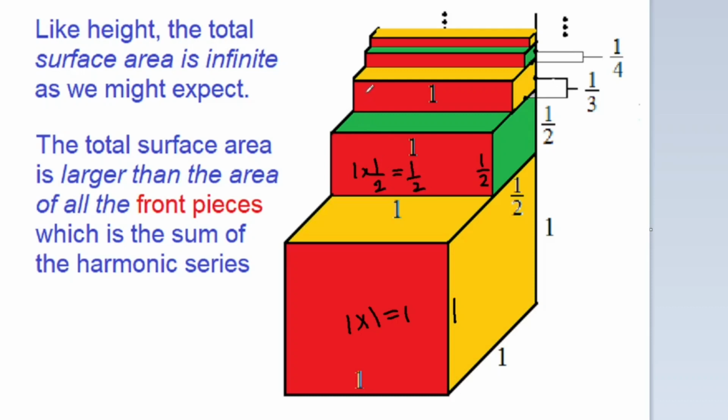The one on top of that is 1 times 1/3 in area, which of course is 1/3. Well, now you see what's happening. The total area of the red rectangles is once again the harmonic series. And we know that that has to be infinite in value. So the total surface area, which is bigger than the total area of all these rectangles, must also be infinite.